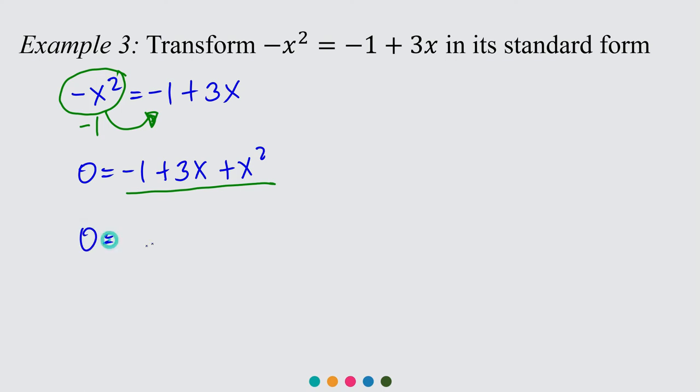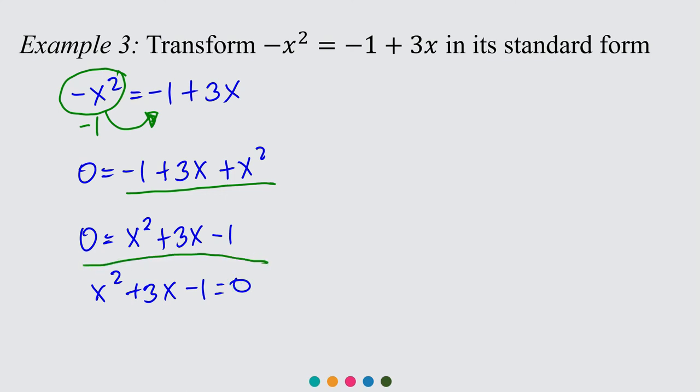So, 0 is equal to, mauuna yung leading term, susunod yung linear term, and the constant. Since naayos na natin, pwede nyo nang pagbaligtarin yung sides natin. X squared plus 3x minus 1 is equal to 0.